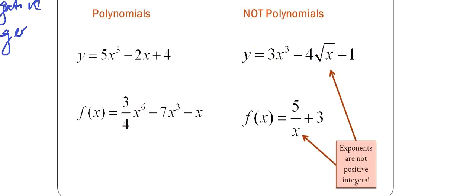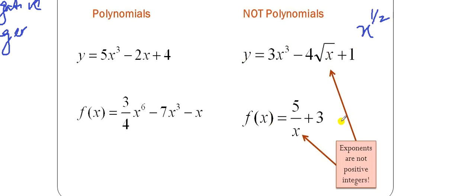Now coming to this part, these two are examples of expressions which are not polynomials. Why? Because this is root x, and root x, if you can recall, is nothing but x raised to the power 1 over 2. So basically 1 over 2 is not an integer, so this expression is not a polynomial.